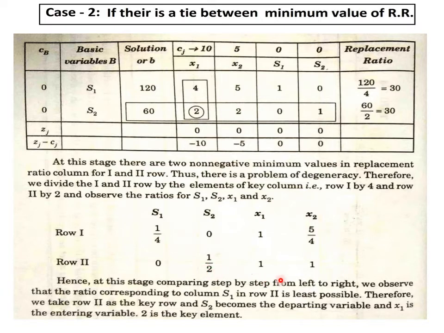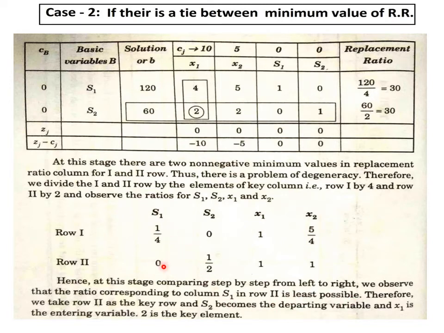And then we have to discuss it from left to right, and we observe that the ratio corresponding to column S1 in row second is least possible. As you can see, it's 1 by 4 and 0.